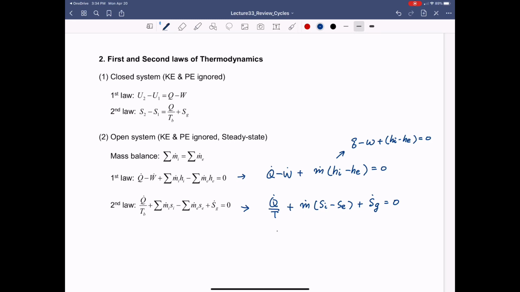Or we can write it as small q over T plus si minus se plus small sg equals 0. In that case, the unit should be joule or kilojoule per kilogram Kelvin. And for the equation on top, the unit is kilowatt per Kelvin. For the first law, you have kilowatt, or kilojoule per kilogram.